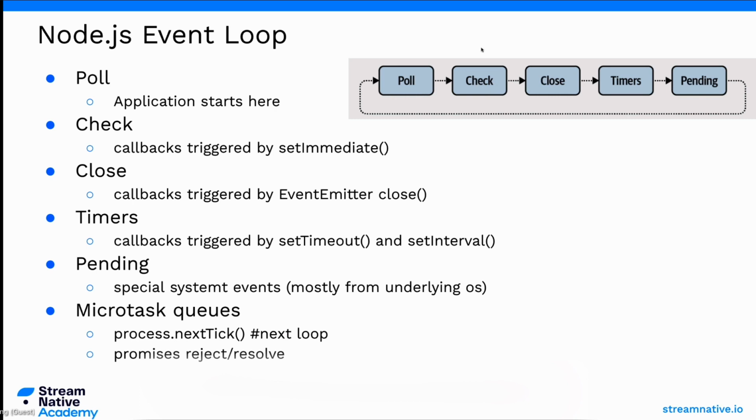Remember, everything in check or nested is high priority. If you come into this and never come out, basically your Node.js application is stuck. You never go back to the next poll, right? So be careful about this.